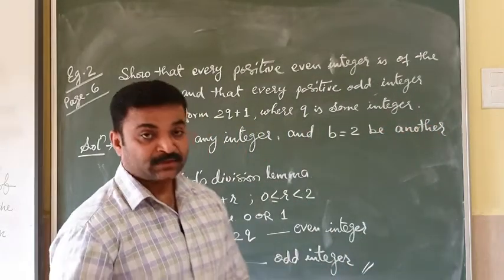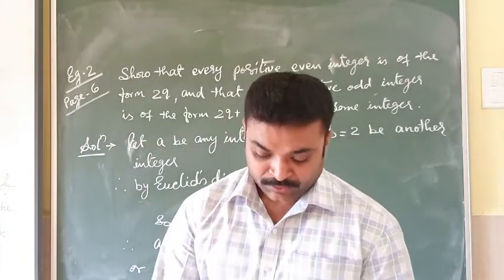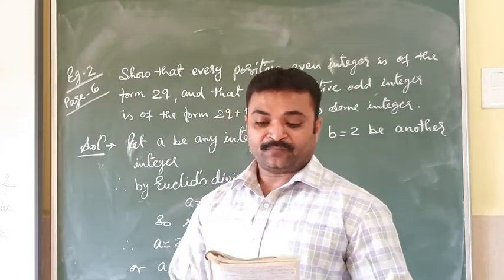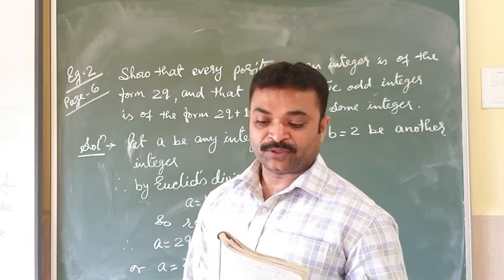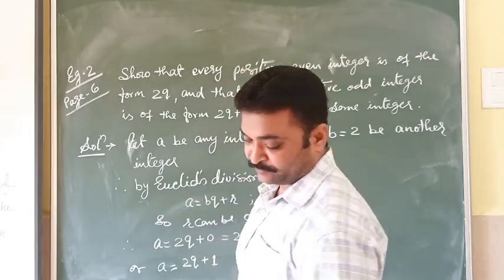Now next, example number 3. We will show that any positive odd integer is of the form 4q plus 1 or 4q plus 3, where q is some integer. Okay.